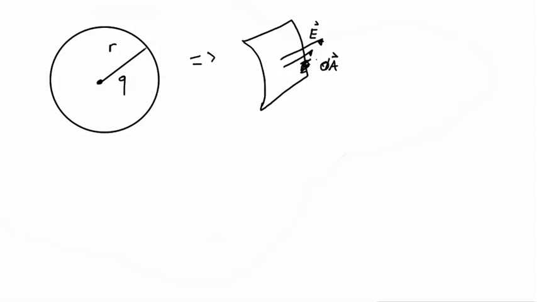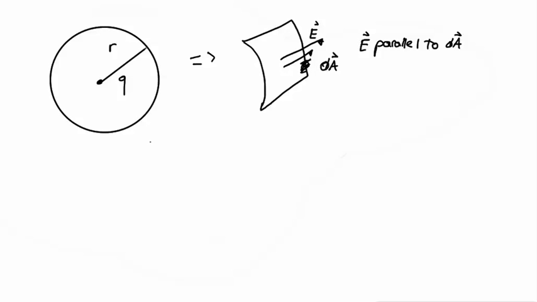From this diagram we can see that E is parallel to dA. From the point charge Q in all directions, the electric field just goes straight through the surface, and dA is perpendicular to the surface of the sphere, and so is the electric field.